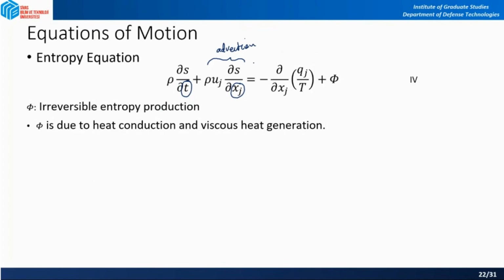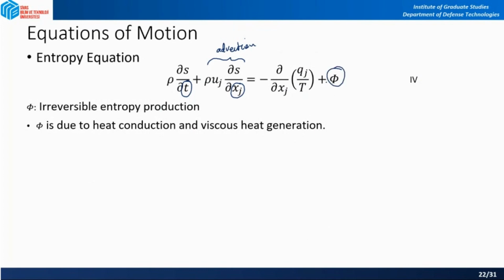This is advection, and you see this term Q over T, the spatial variation of Q over T, and also you're seeing this term at the end.